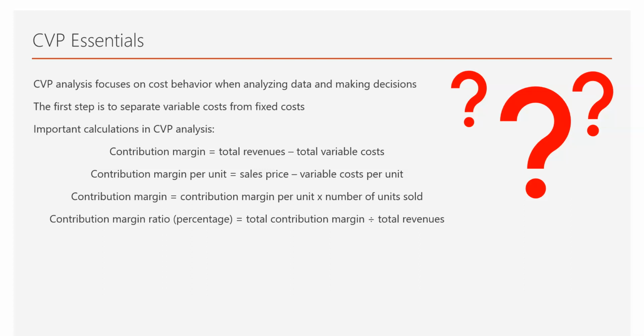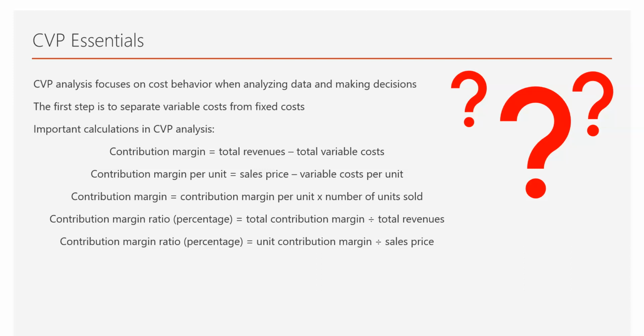Then we have the contribution margin ratio percentage, which is simply my total contribution margin divided by total revenues. And I can actually calculate the contribution margin ratio percentage on a per unit basis: unit contribution margin divided by unit sales price.